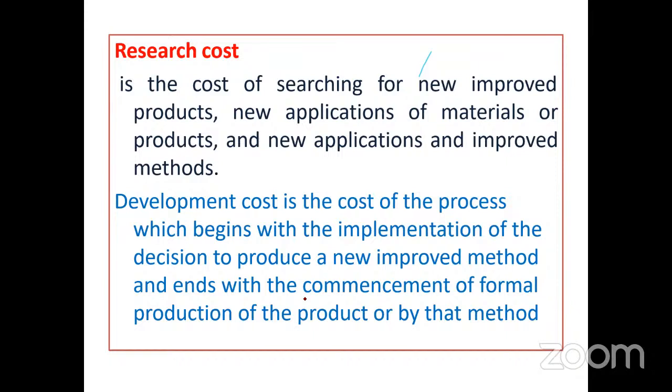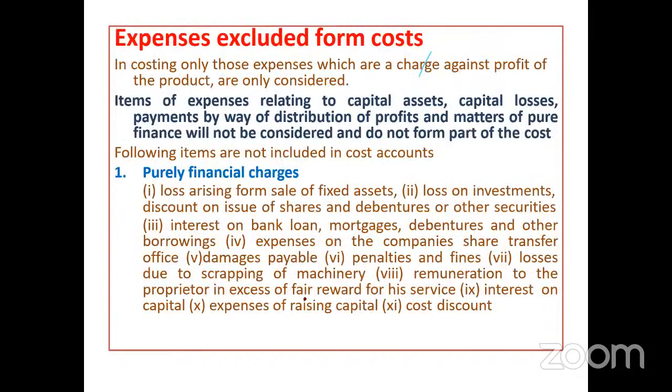So any activities relating to the research and development process come under research and development cost, in order to create new things or to invent new know-hows, new production methods, or sometimes also using some new technologies. So these all come under research and development cost. So this comes under research and development overheads.